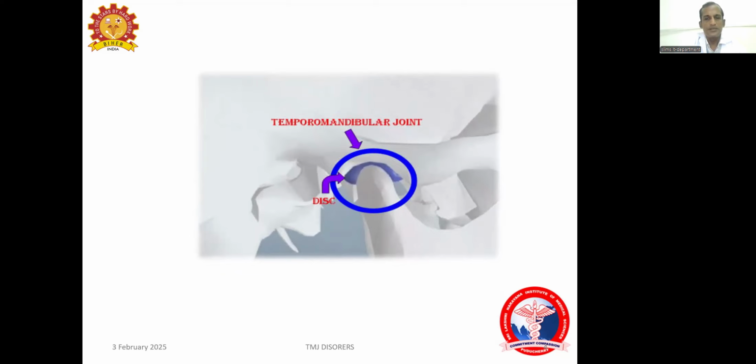As I told you, the main cause for TMD can be in the joint, or it can involve the disc, or it can be a headache that is associated with these temporomandibular disorders.